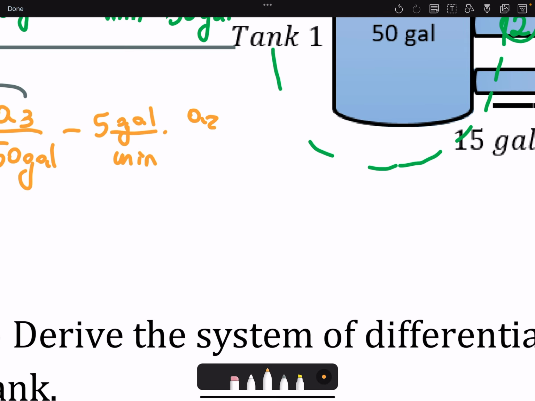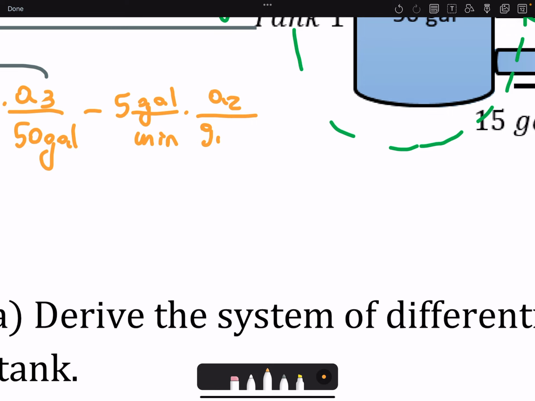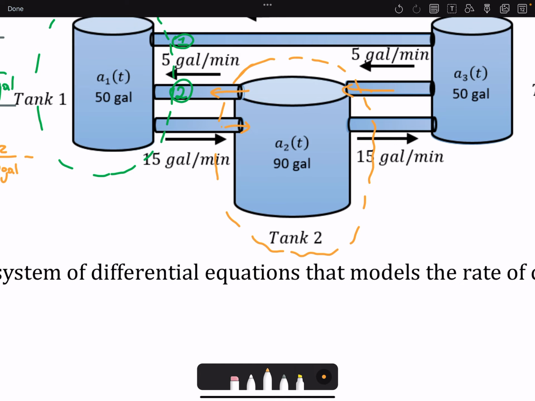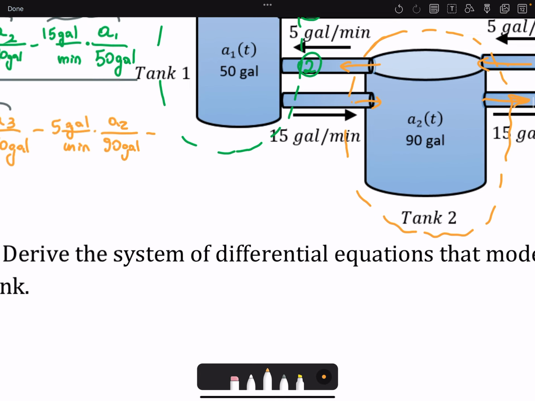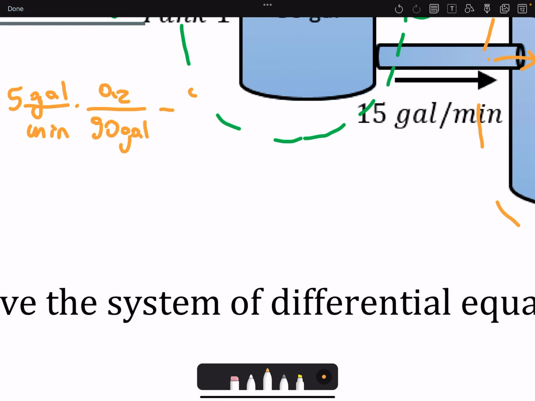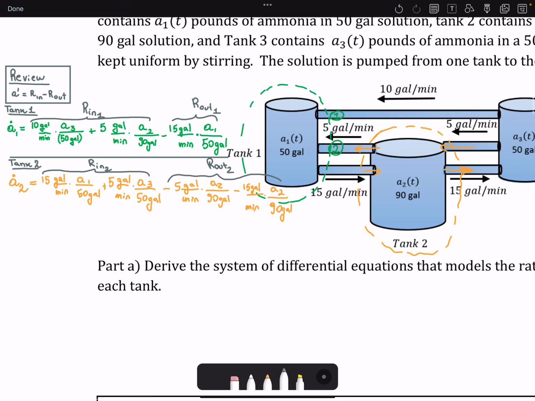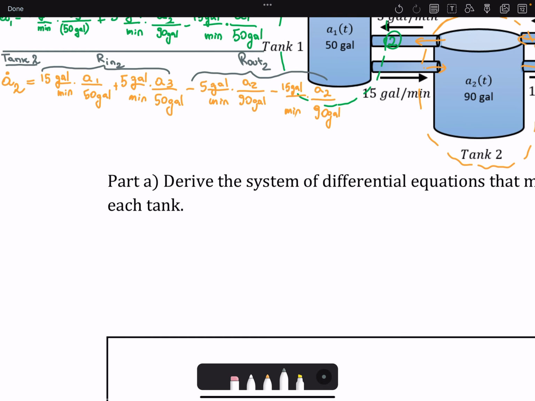That's our actual tank that we're modeling, A2 over 90 gallons. And then we have another 15 gallons per minute going out this way from our tank 2, which has 90 gallons total. And so this is going to be our rate out 2.